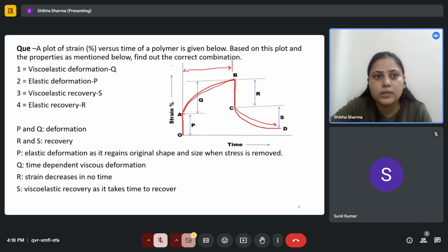So it is the deformation area, where deformation is there.